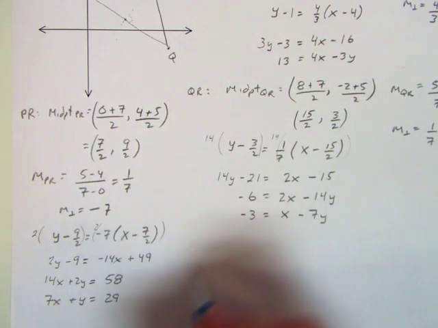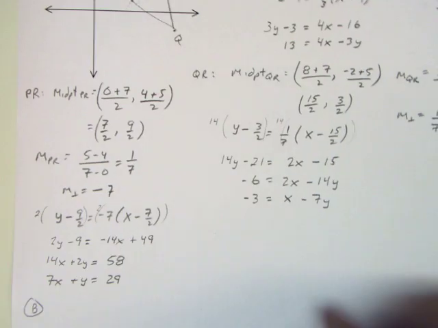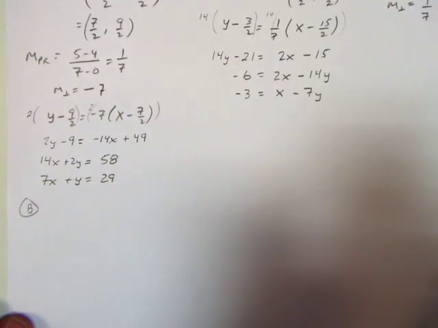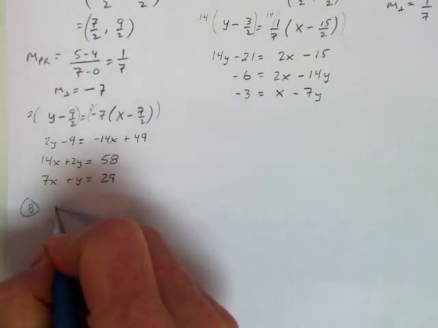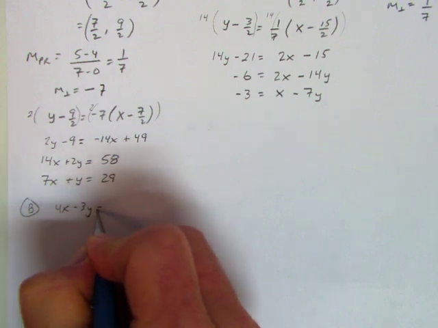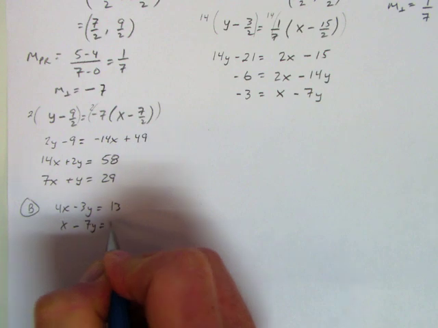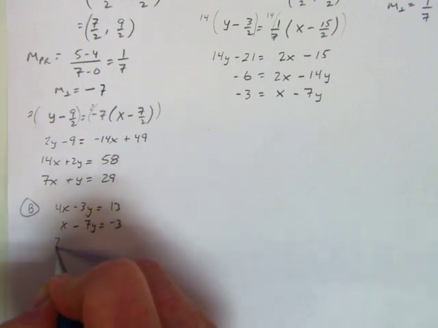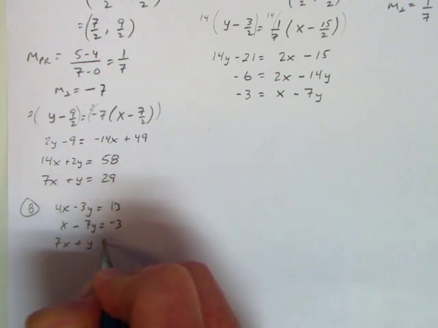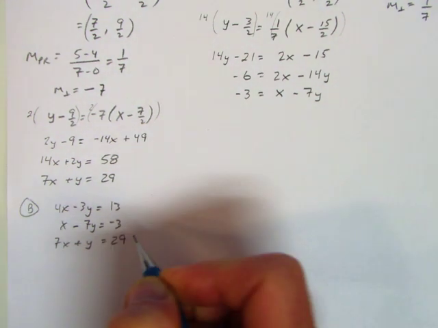Now we're going to deal with part B. And I'll write them down. I have 4x minus 3y equals 13, x minus 7y equals negative 3, and 7x plus y equals 29.